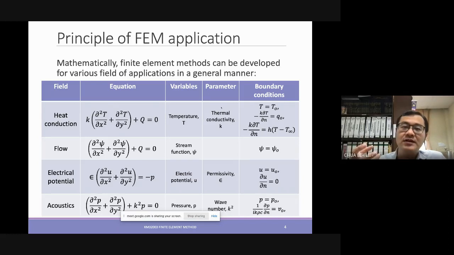Similarly for heat conduction, we use this thermal conductivity K to represent the behavior of the heat being transferred across the material or the model itself. The variable that we will produce is the temperature. We may input one temperature and see how this temperature will change.